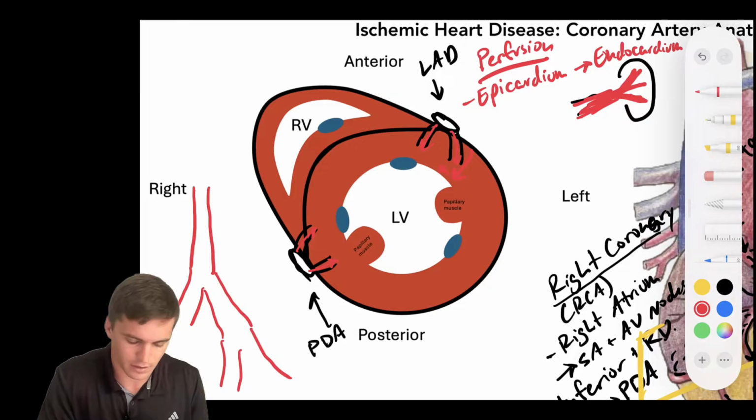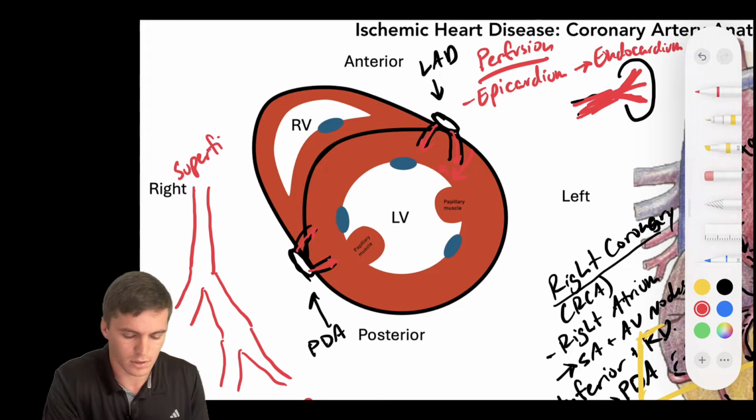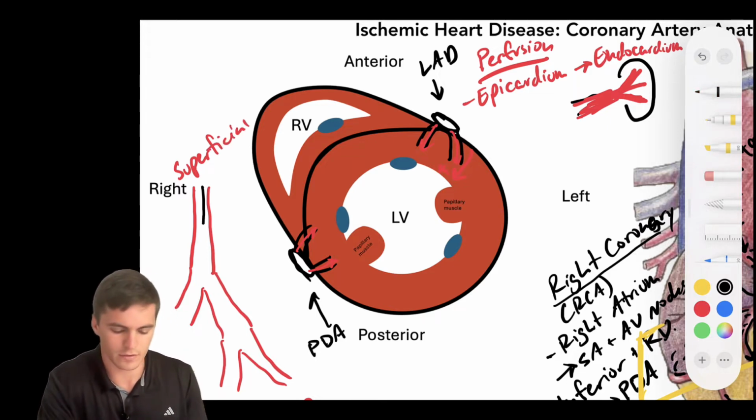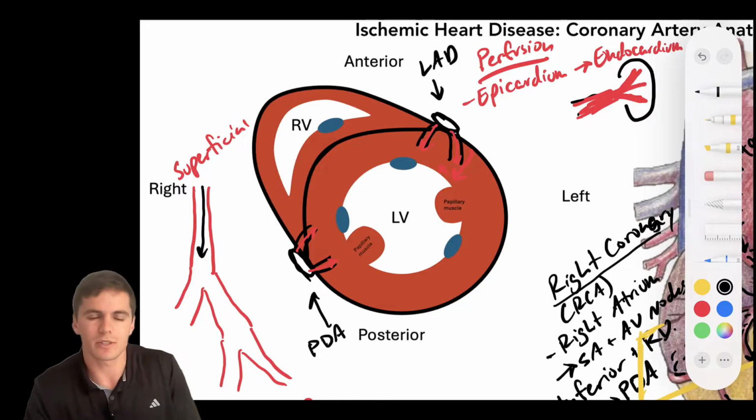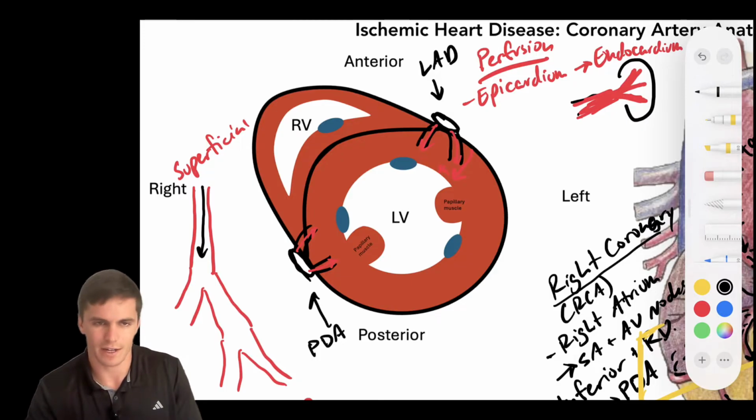So this is a little bit more of that deep layer of the myocardium. This is more superficial. And so we've got blood flow running down this vessel. What happens in myocardial ischemia and infarction, what precedes it, is a chronic event called atherosclerosis.